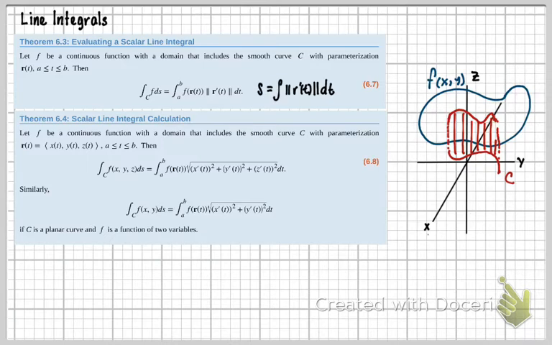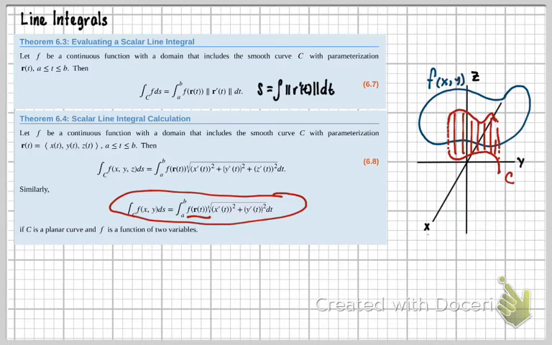Looking at the theorem below that one, it really gives you the intuition of what we're dealing with. The picture I drew could resemble this one down here, where the integral over C of f(x, y) ds equals the integral of f(r(t)), which would be my height again, of where each of those points goes up to.